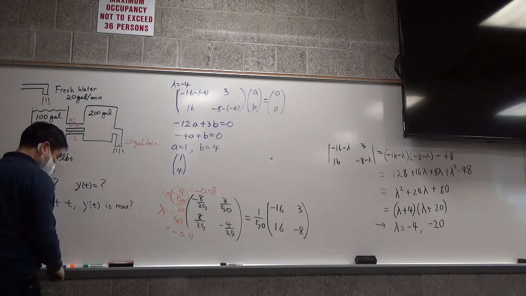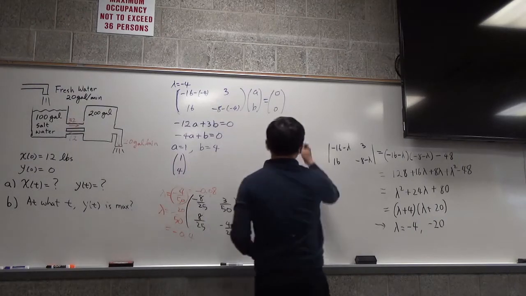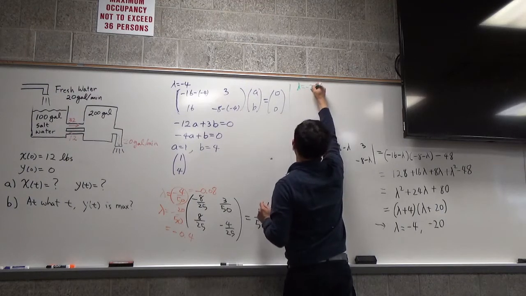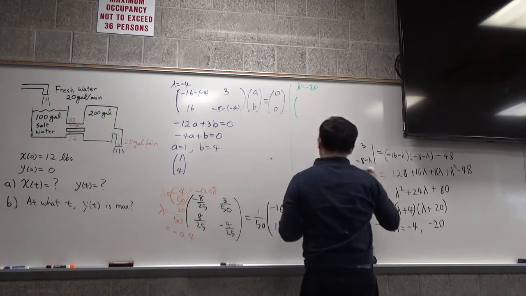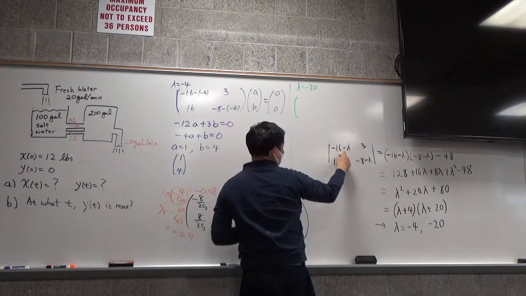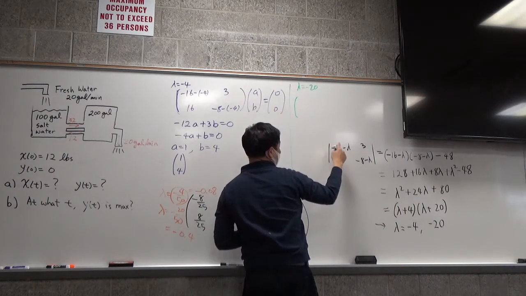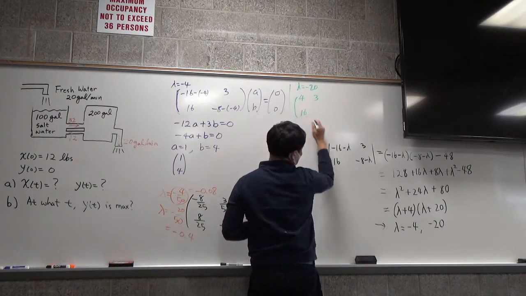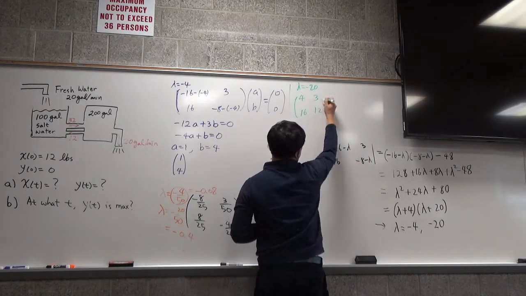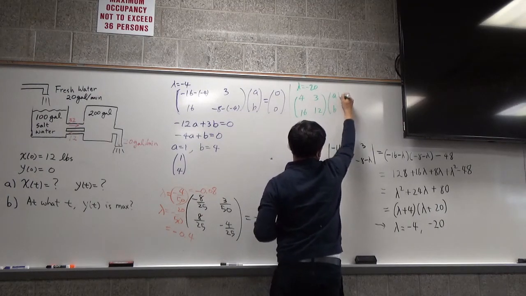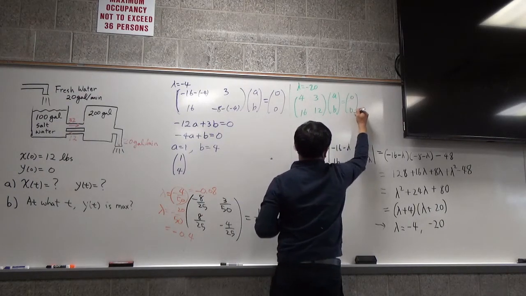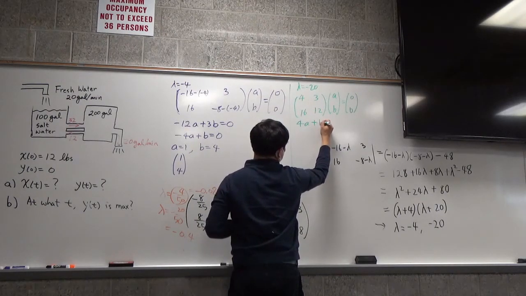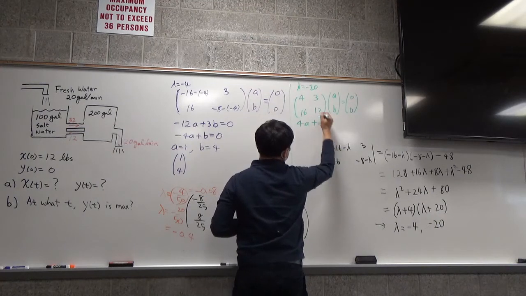Now let's do the other case, when lambda is negative 20. Negative 16 minus negative 20 is negative 16 plus 20, so it's 4. Then 3, 16, and this will be positive 12. This time you need 4A plus 3B, going across and down, right?